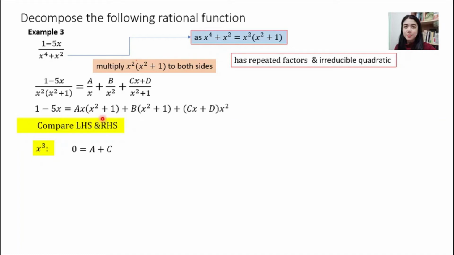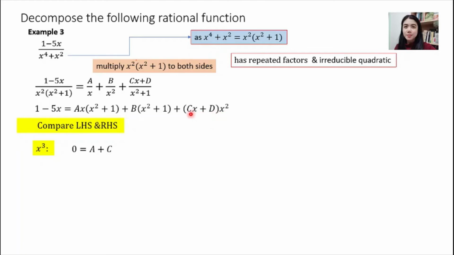Ignore the others. If I expand this one, you have a x power of 3, so therefore you have a. Ignore this one, this one won't give you x power of 3. Ignore this one also. And go for here. You expand this one, so you have x power of 3, right?